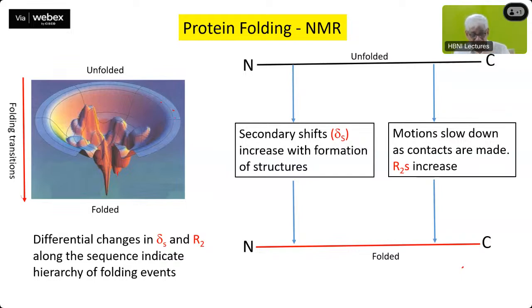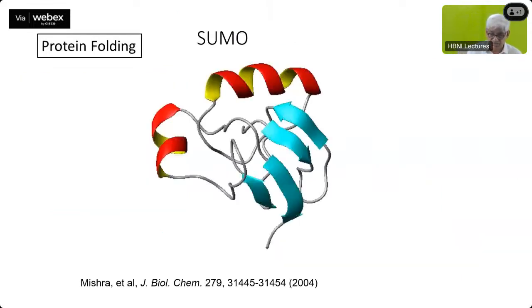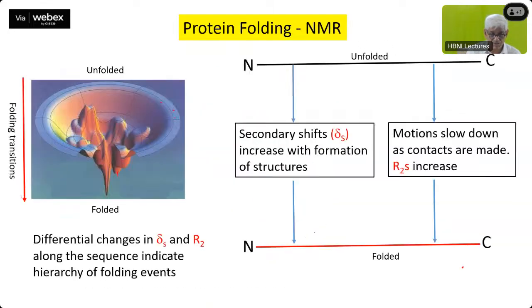Observed shift minus that is shown in the next slide. I have shown that in one of the previous lectures probably. So you measure the chemical shift delta observed between the folded and the random coil chemical shift, and that is called the secondary shift. And I will illustrate how to study this using this particular example, SUMO.